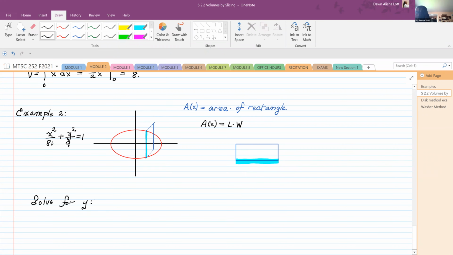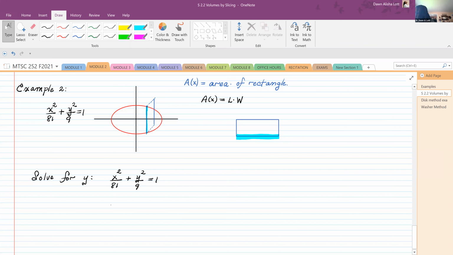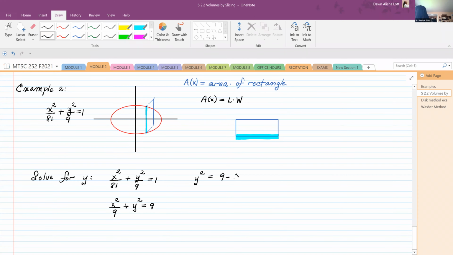I'm multiplying everything through by 9, so I get x squared over 9 plus y squared is equal to 9. So that's going to give me y squared is 9 minus x squared over 9. And so therefore y becomes the square root of that thing.